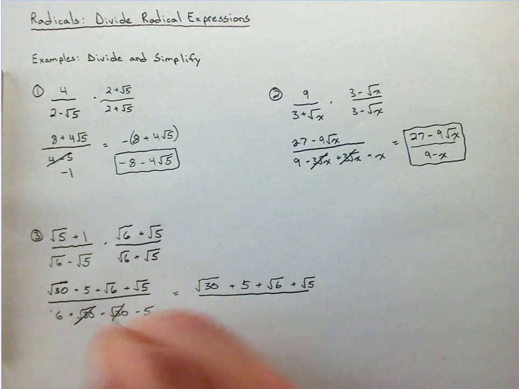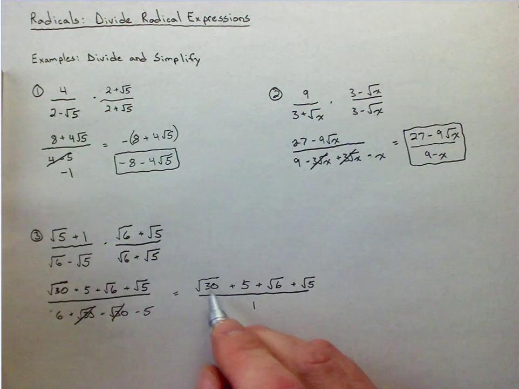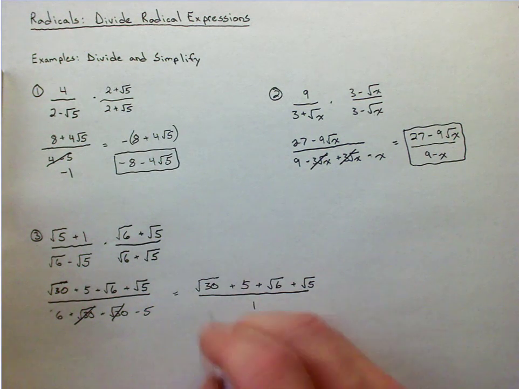Those cancel. 6 minus 5 is 1. And there's nothing more that I can turn around and do with the square root of 30.